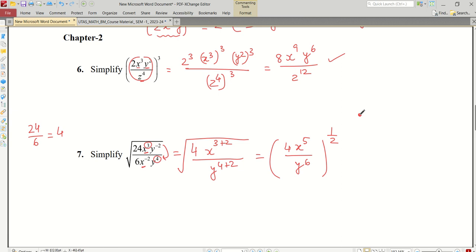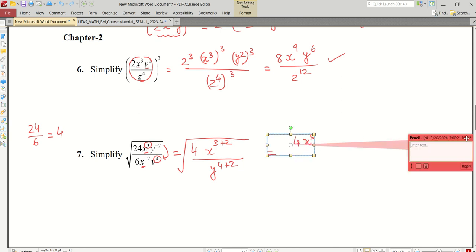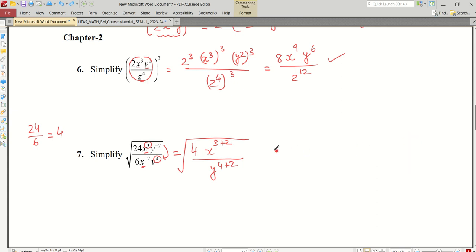So it is up to you basically. 4x power 5 divided by y power 6, and then you can write the square root here. It is up to you how you are writing.